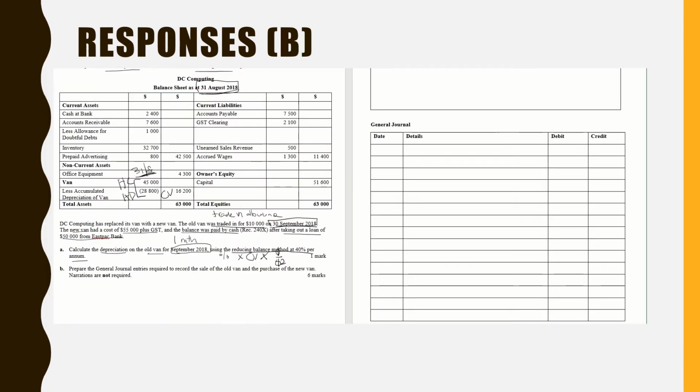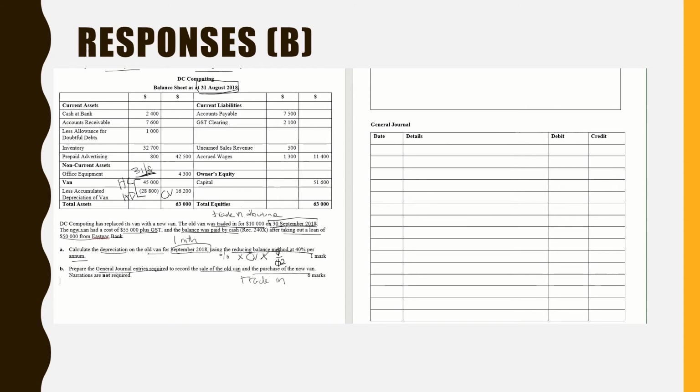Question B. Prepare the general journal entries required to record the sale of the old van and purchase of the new van. We know that this is a trade-in already. Narrations are not required. Okay, so for this, we need to focus on the entries that relate to selling and purchasing the new van, which is the trade-in. But I would still like you to think through the steps that I've given you, which is the first step.